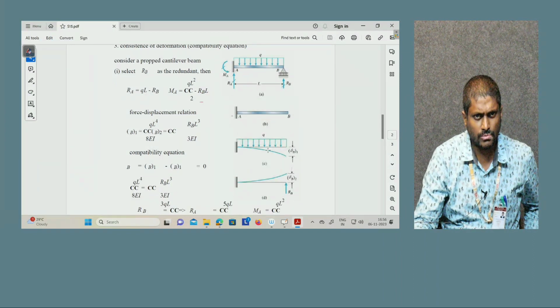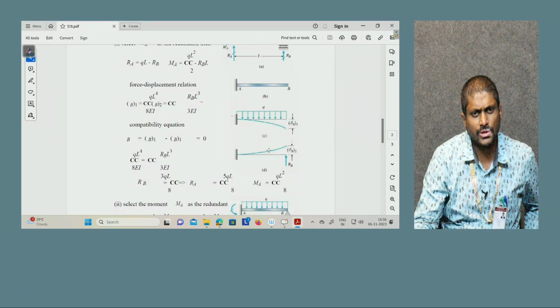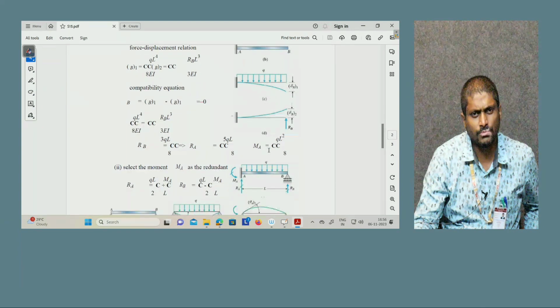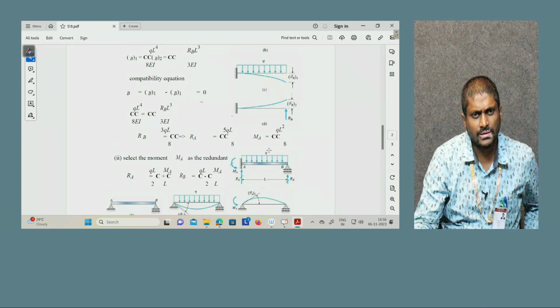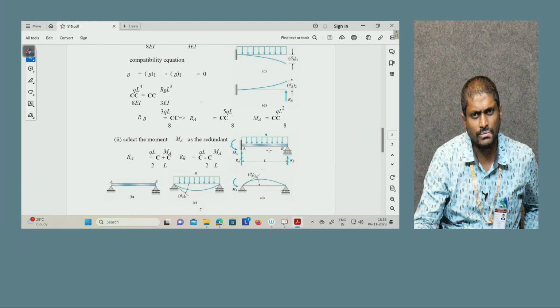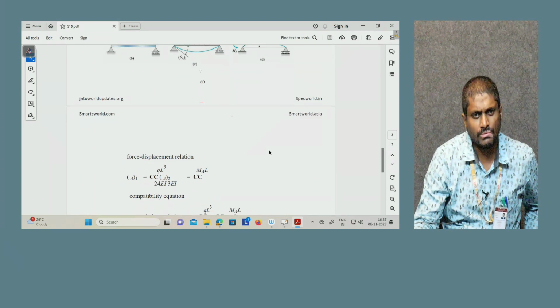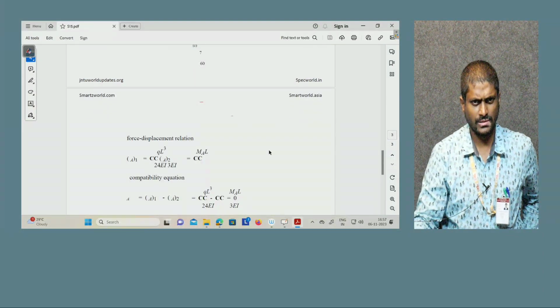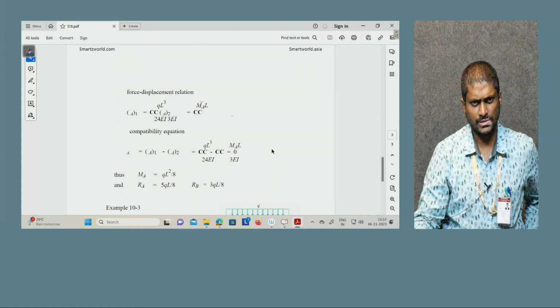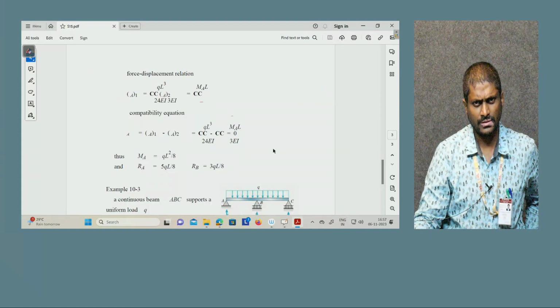Compatibility equation: qL to the power 4 by 8EI equals RB L cube by 3EI, then RB equals 3qL by 8. Then select the moment MA as the redundant, RA equals qL by 2 plus MA by L, RB equals qL by 2 minus MA by L. Then force displacement relation, qL cube by 24 EI and MA into L. Then compatibility equation, theta 1 minus theta 2, that is qL cube by 24 EI equals MA into L divided by 3EI.